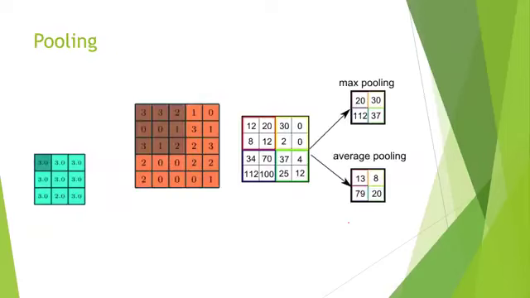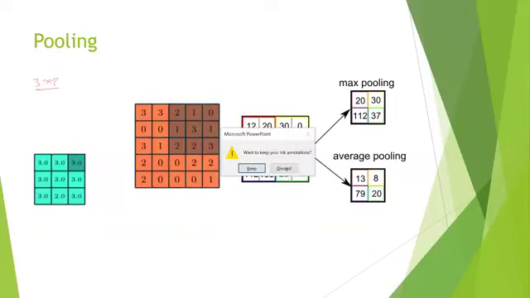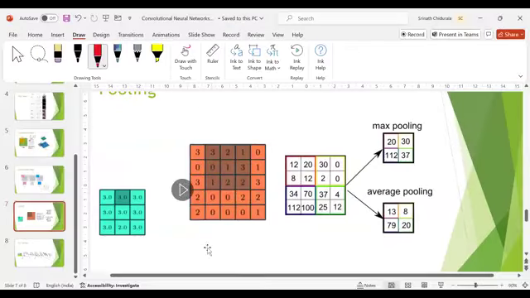Now comes the pooling. You decide what kind of pooling you want to do, 3x3 or 4x4. For feature maps and even in pooling, you have to consider a square matrix; the rows and columns should be the same. Now look at this.